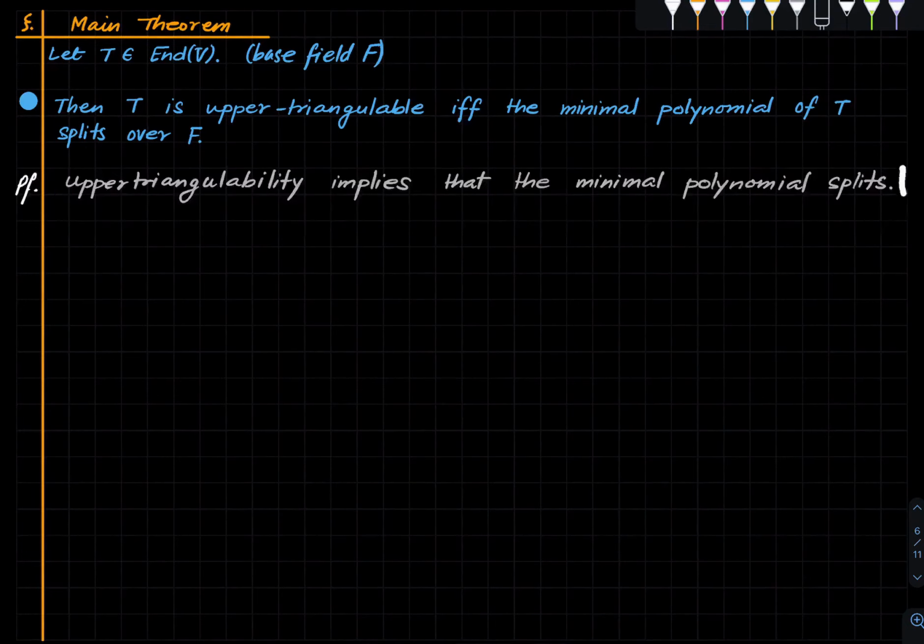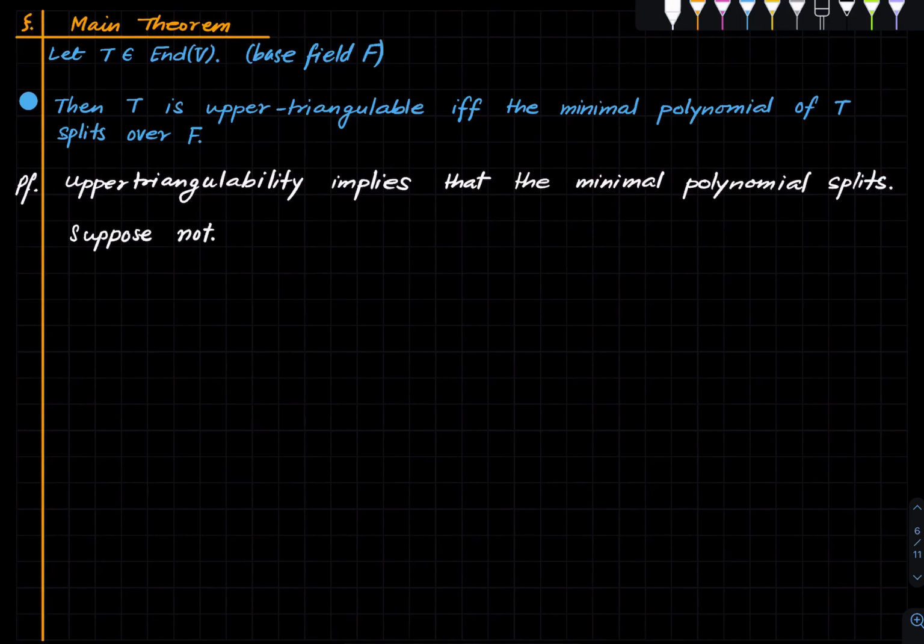There are two directions to the proof. So first we will do this direction, that upper triangulability implies that the minimal polynomial splits. So suppose not. So assume on the contrary that this is not the case.